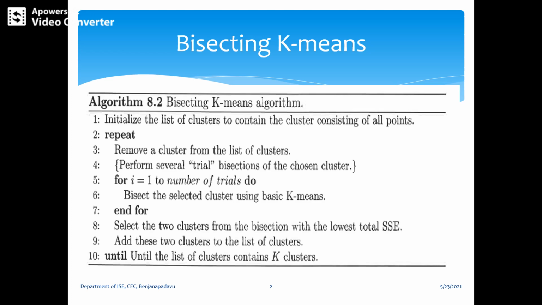To obtain k clusters, split the set of all the points into two clusters, select one of the clusters to split, and so on, and continue until k clusters have been produced.